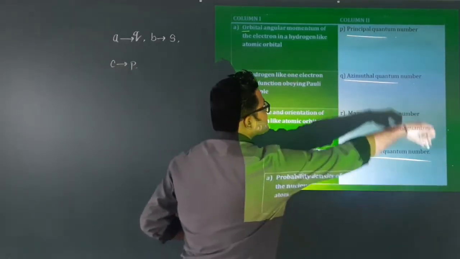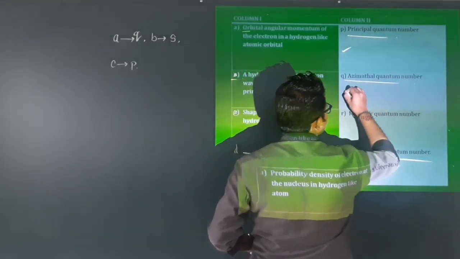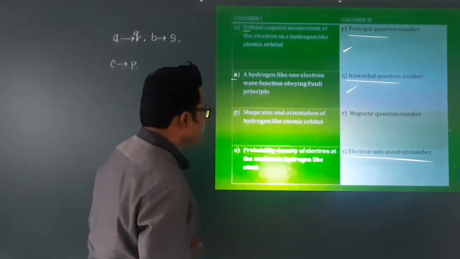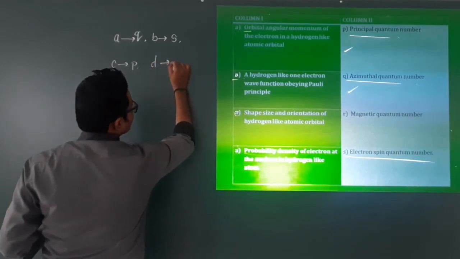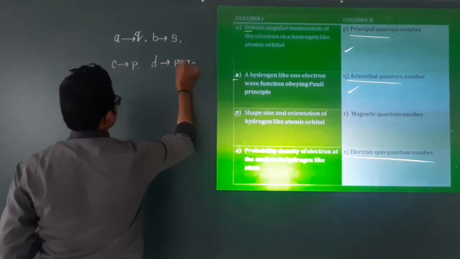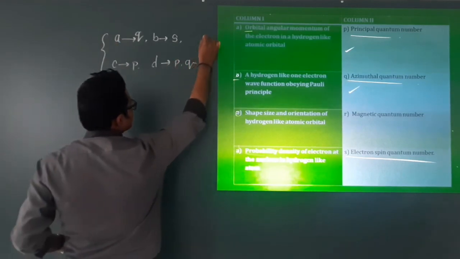For the probability density, it goes with the principal quantum number and azimuthal quantum number. So for D, the answer we have is B and Q. So this is the correct sequence.